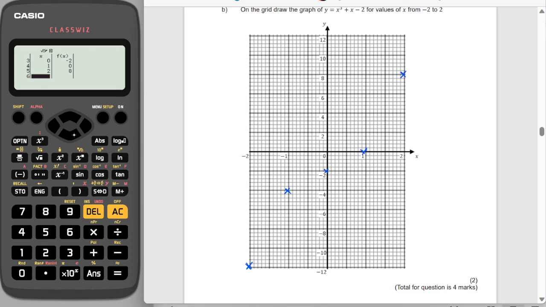And then I need to join them up with as smooth a curve as I can. So I like to keep my wrist on the inside of a curve to get it as smooth as I can. I'm sure you can get it much smoother than mine with a sharp pencil and on paper. Obviously on my screen it's not as smooth as I would ideally like.